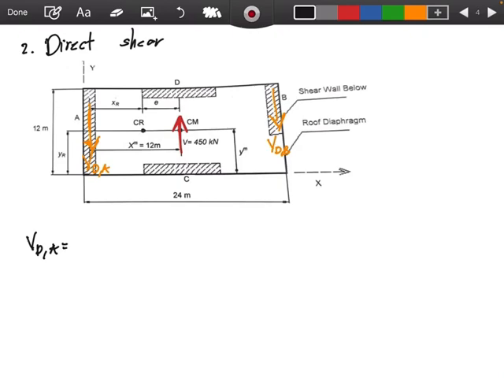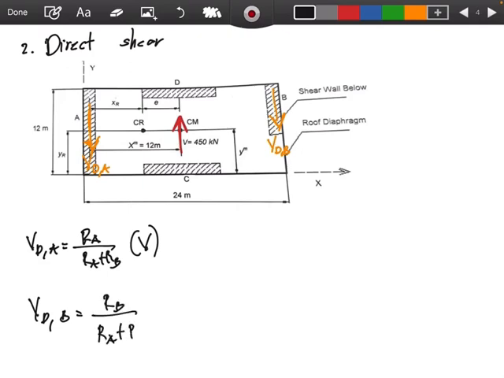Proportional, diba? So, ang RA natin over yung total, kung ano yung rigidity over the total rigidity times the V. Directly proportional lang siya. So, ganun din sa B. So, this is the direct shear.